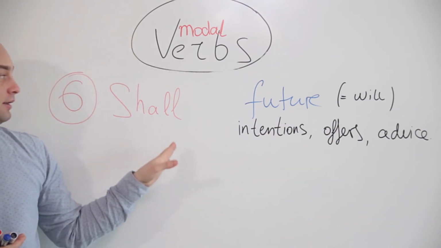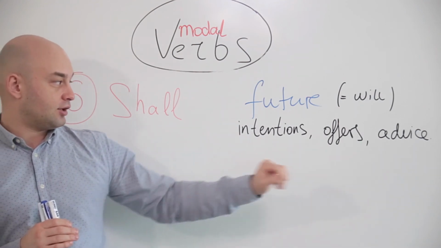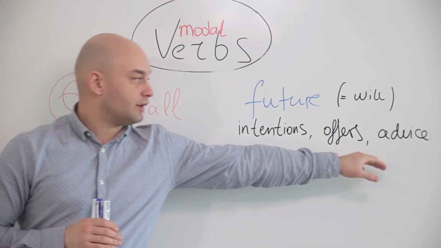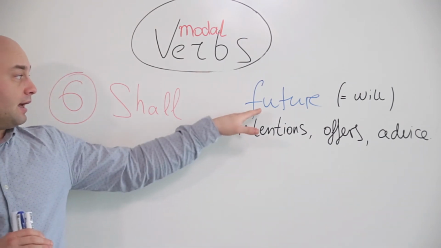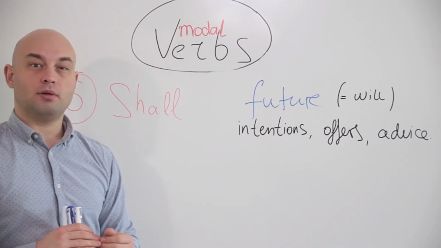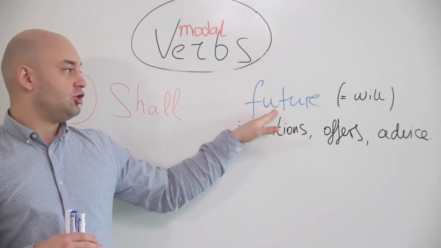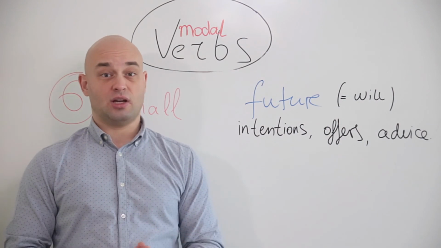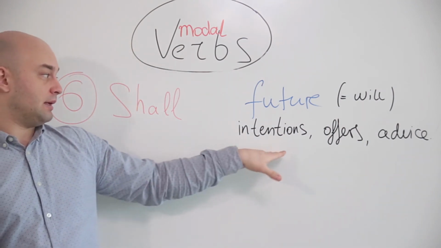So these are the uses of shall, not many, pretty easy. To express an intention, to make an offer, to ask for advice, sometimes even to offer advice, and for future. You probably won't use it for future because you feel more comfortable with will. Generally, will is just enough for future, so when you come across this one, just remember intentions and offers.